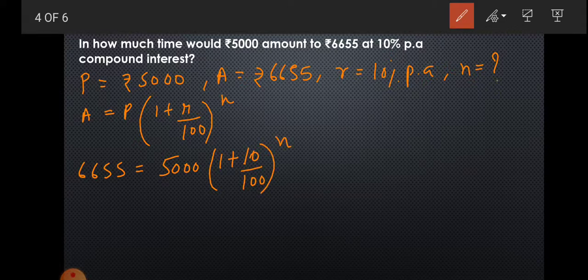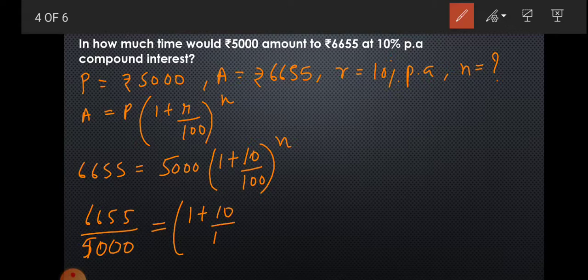We need to find the value of n. Shift principal 5,000 from right hand side to left hand side. We get 6,655 divided by 5,000 is equal to 1 plus 10 by 100 raised to the power n.